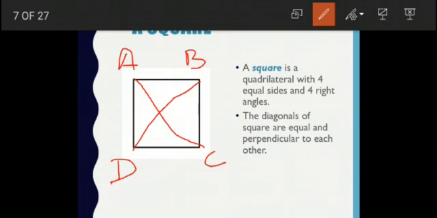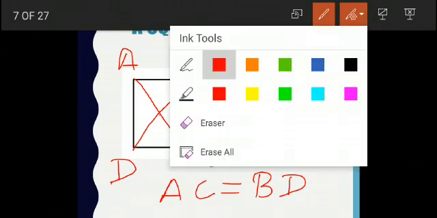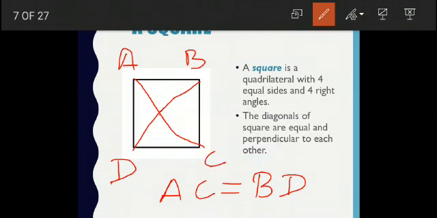The property of diagonals over here is that diagonals are equal, that is AC is equal to BD, and they are perpendicular to each other. Perpendicular to each other means the point at which the diagonals meet, they form an angle of 90 degrees with each other.